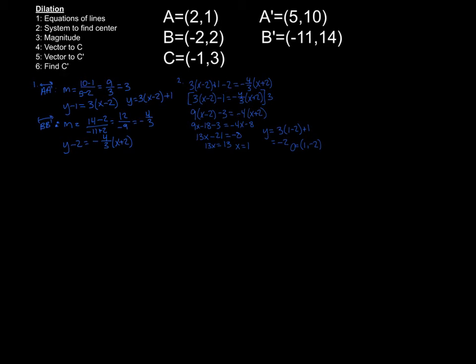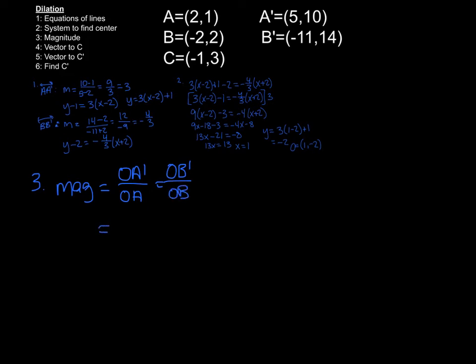Let's do part 3. So we're going to find the magnitude. The magnitude is going to be the distance from O to A prime over O to A, which should also be the same as O to B prime over O to B. So we can just find one of them.